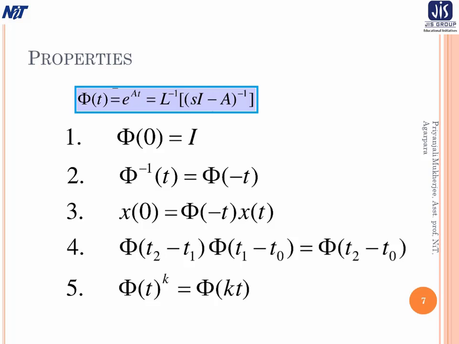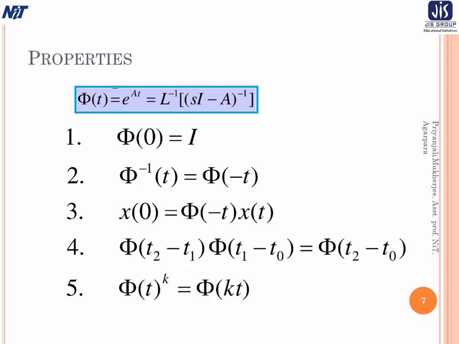The property phi of t2 minus t1 into phi of t1 minus t0 equal to phi of t2 minus t0 is known as the transition property of the state transition matrix. It implies that a state transition process can be divided into a number of sequential transitions, because t2 is the final one, t1 is the middle, and t0 is the initial.